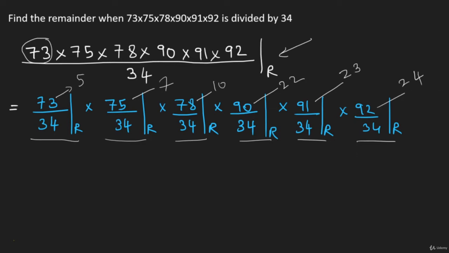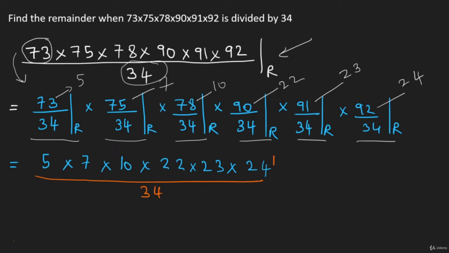All right. So as per the basic remainder theorem, we have rewritten this expression like this, and this over here is equal to 5 into 7 into 10 into 22 into 23 into 24. Now, because this expression over here is greater than your divisor, which is 34, right? Therefore, after you multiply this, you have to divide this again by 34, and you need to take the remainder.